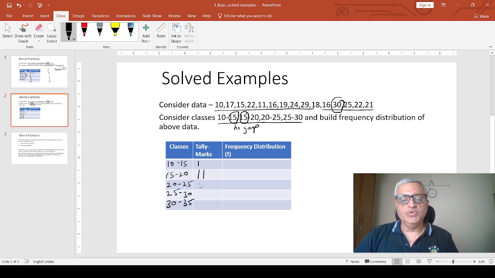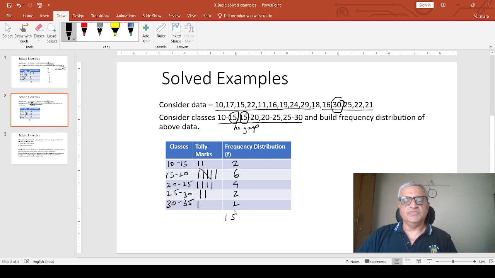Then we have 22 which is here, 11 here, 16 here, 19 here, 24 is going to be here, 29 is here, 18 I go and mark a diagonal, 16 is here, 30 is in the last class now, 25 is in the second last class, 22 is here, and 21 is again here. So my frequency distribution looks like this: 2, 6, 4, 2, 1.